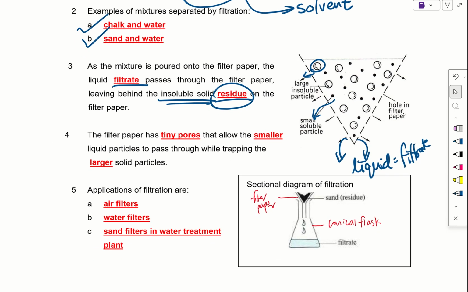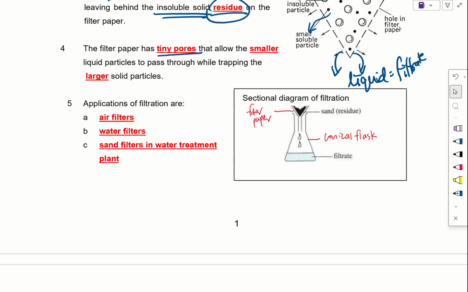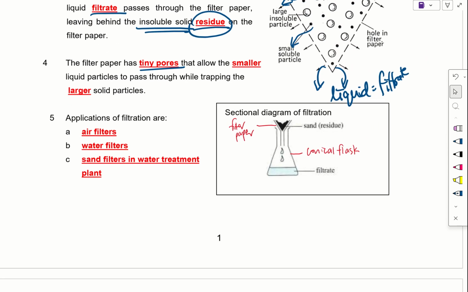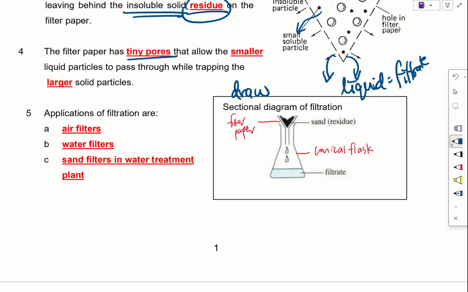Okay, so how does this work? Because the filter paper has tiny pores, which allow the smaller liquid particles to pass through while trapping the larger solid particles. Okay, so you might need to learn how to draw, because we have done the apparatus drawing in chapter 1. So basically, this is my filter funnel.